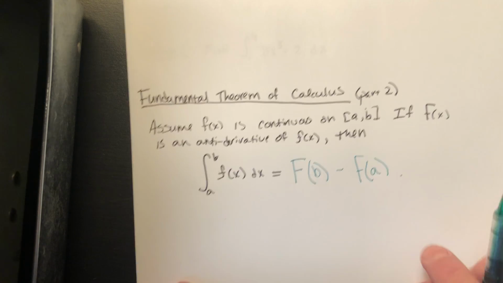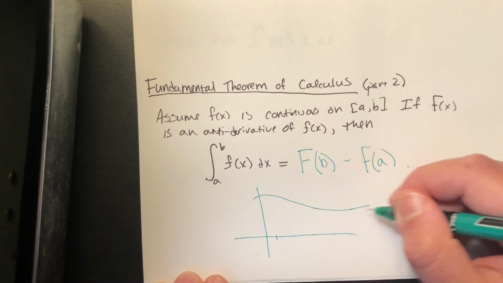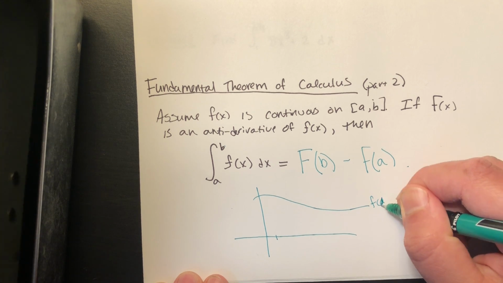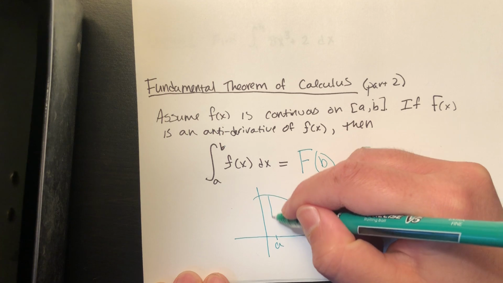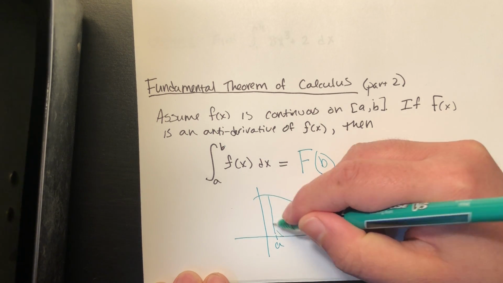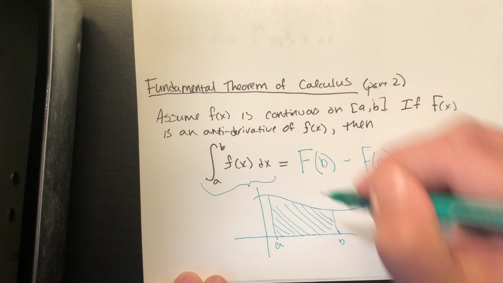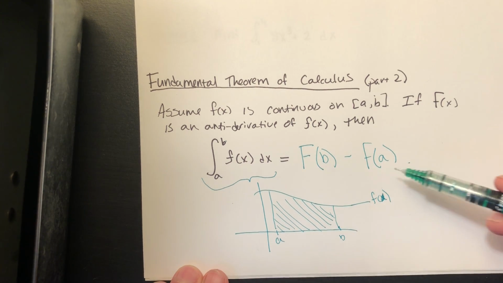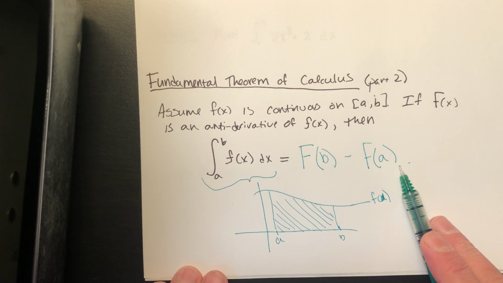So just to be clear what we mean here, here's your function, f of x, from a to b. Okay, and we're trying to compute this area. Right, remember, that's what the right-hand side is representing. It represents the area between a curve and the x-axis over the interval from a to b. This is telling us we don't have to deal with those crazy Riemann sums.